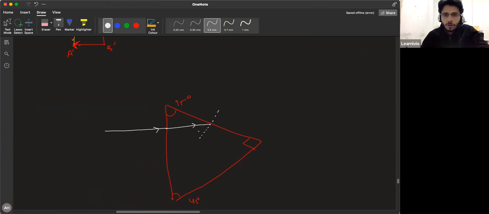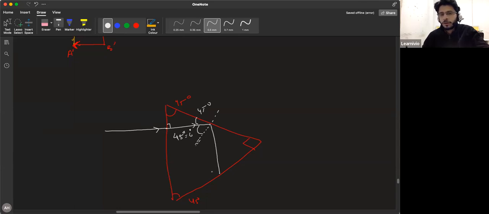Then this is the normal. This angle is the angle of incidence, and you want to calculate it. This is 90, this is 45, so this angle will be 45 degrees. This angle here is again 45 degrees. So your ray will undergo TIR, one TIR here. Then again over this face, you can prove that the angle of incidence is again 45 degrees.